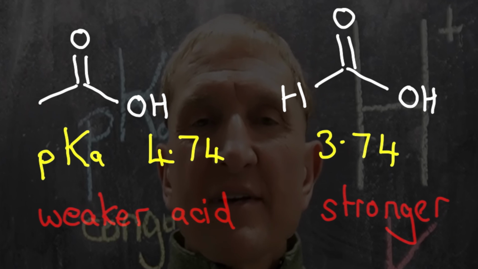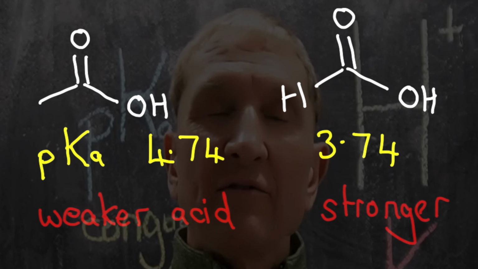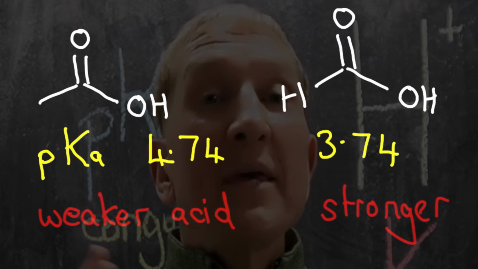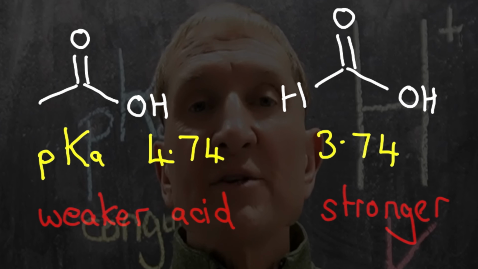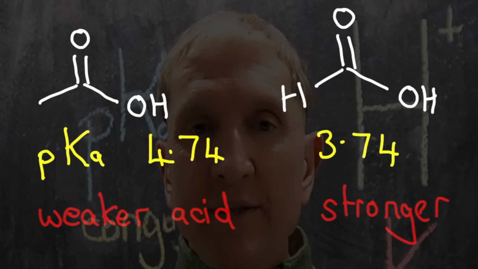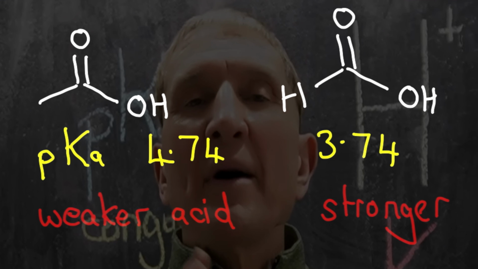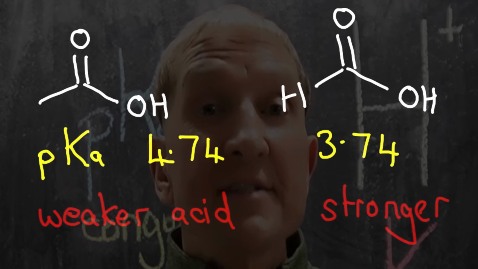So for instance, acetic acid has a pKa of about 4.7 and methanoic acid has a pKa of about 3.8. There's a 1 pKa difference between them. Methanoic acid, formic acid, is about 10 times stronger than acetic acid.